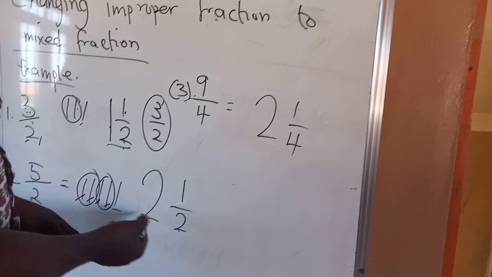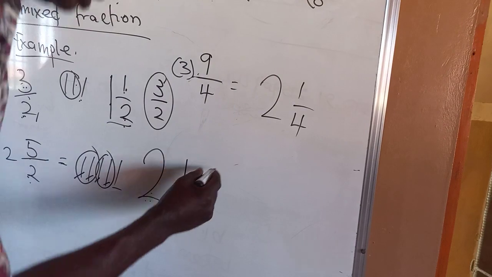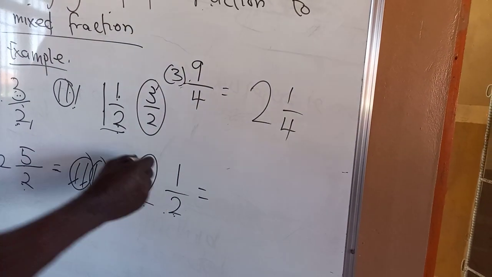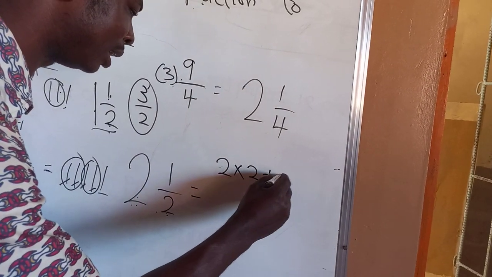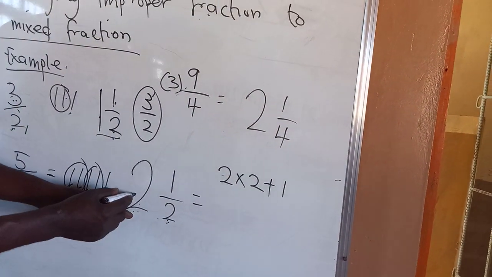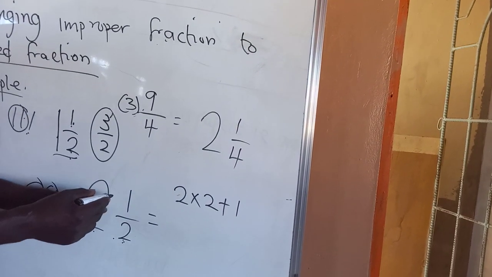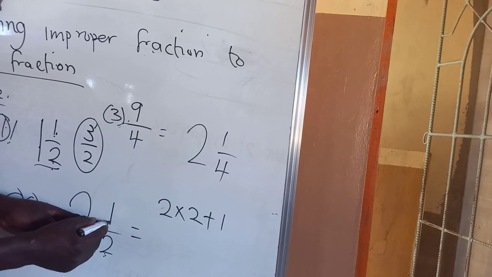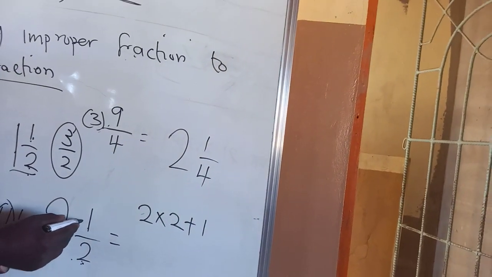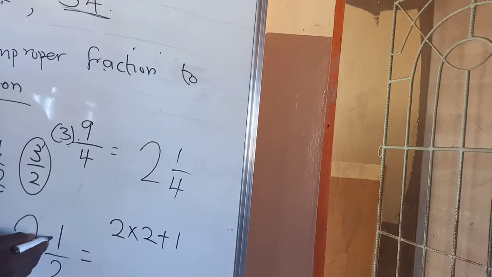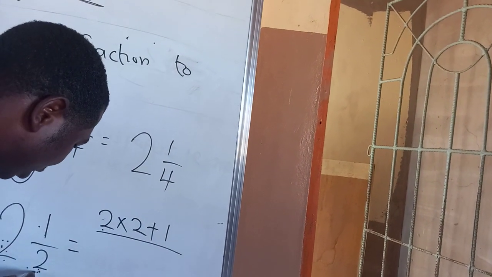The same thing with this one. 2 times 2. Let me write it here for you. I change it back from a mixed fraction: the denominator times the whole number, plus the numerator, all over the denominator.